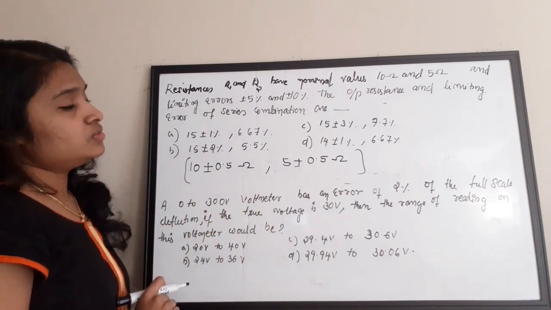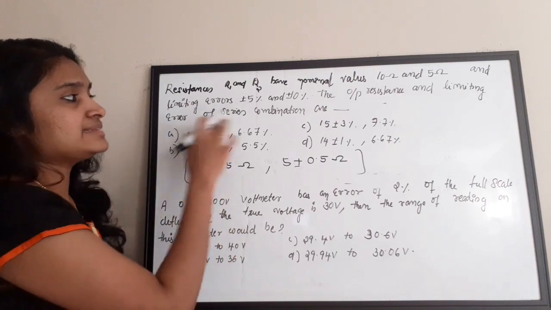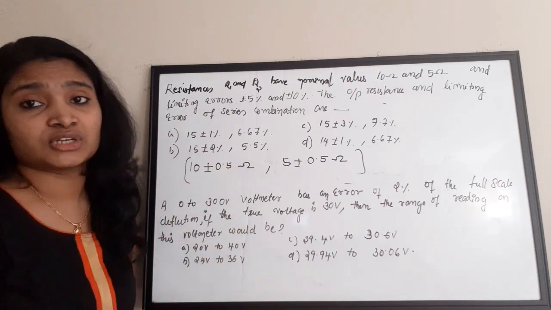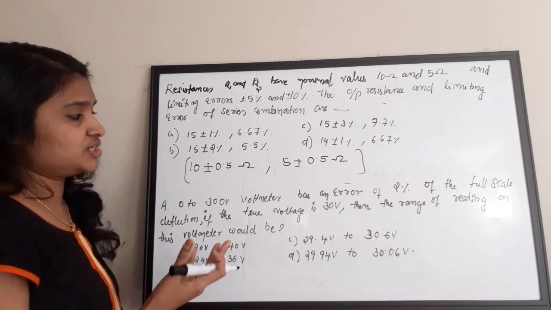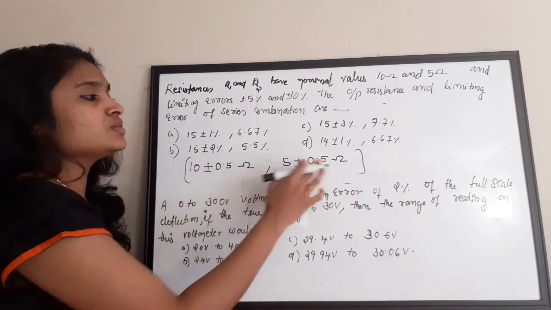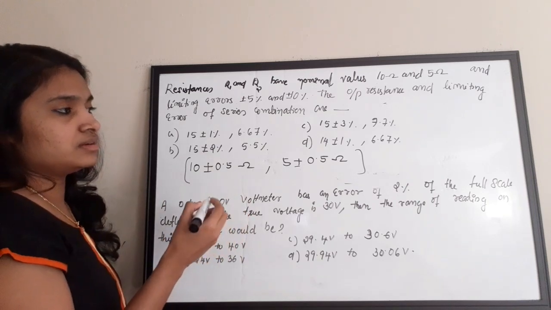Now see, the question is, we are going to connect these resistors in series. When resistors are connected in series, the error also gets added. So how will the resistance change?